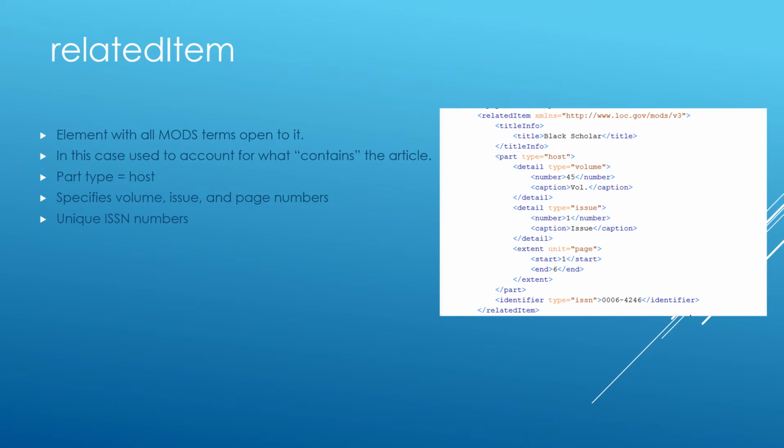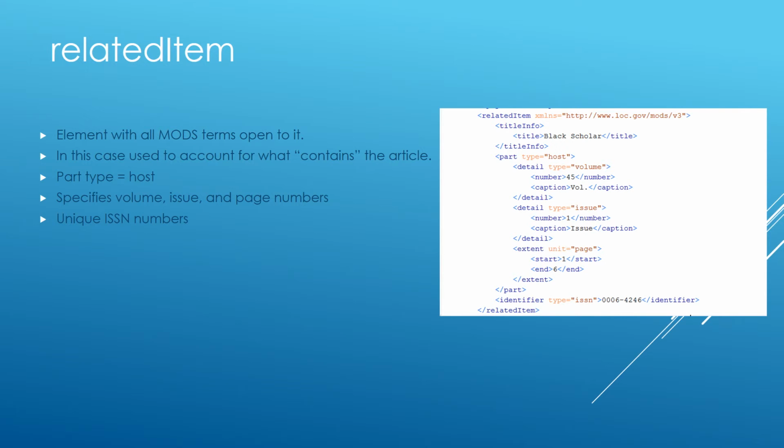Related item. This is a very open term that pretty much gives you access to everything MODS has to offer. I instantiated it in a very particular way in my instances. On the right, you can see how I would use related item. In this case, it's usually the journal or book that contains the article.